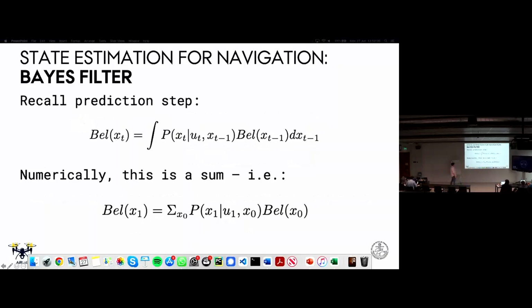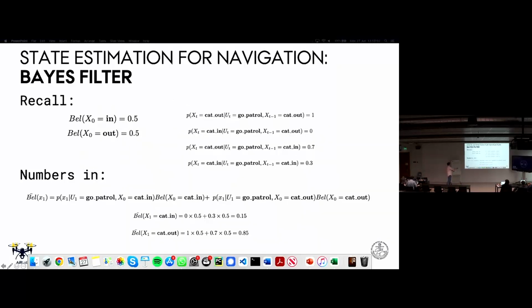And so here the idea is that we would like to sum over the symbols that define the cat being either inside or outside. If we define this as how likely a cat is to be outside or inside, given that he's going to go on patrol, you can just multiply the probability of the cat being inside, which is a half, and the probability that he wants to go on patrol and the cat is in, which itself is 0.7 and 1.